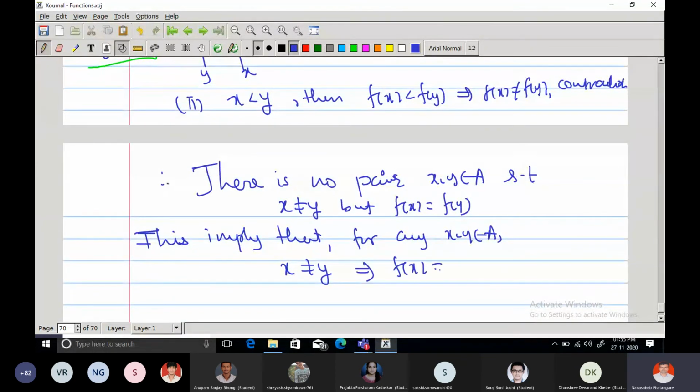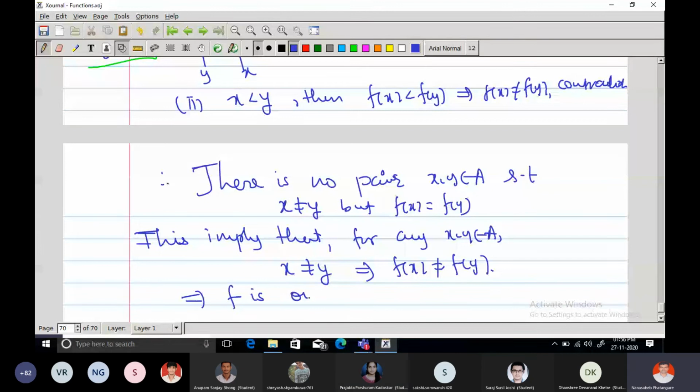There is no pair such that the points are distinct but values are equal. That is not going to happen. Means for any pair, if points are distinct, then values are also distinct, and therefore f is 1-1. Is it clear? Proof is clear.